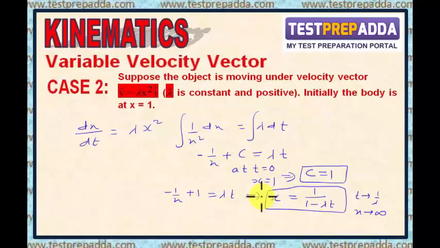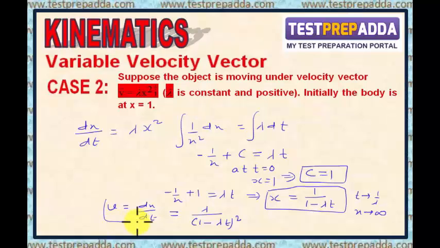Now we can get the velocity as a function of time. So v I can write as dx by dt here. Now if you differentiate this, you will get lambda upon (1 minus lambda t) whole square.